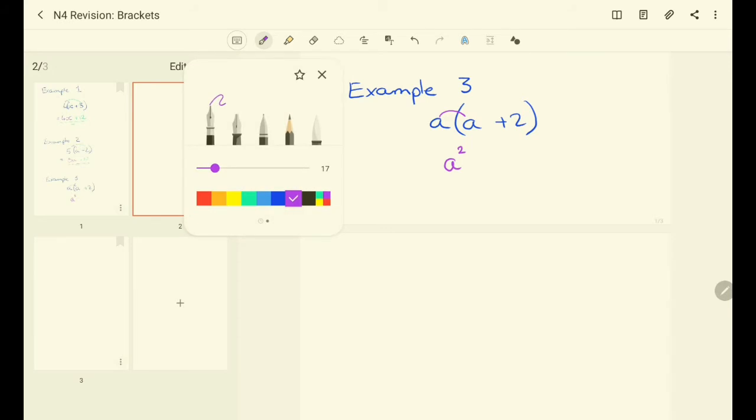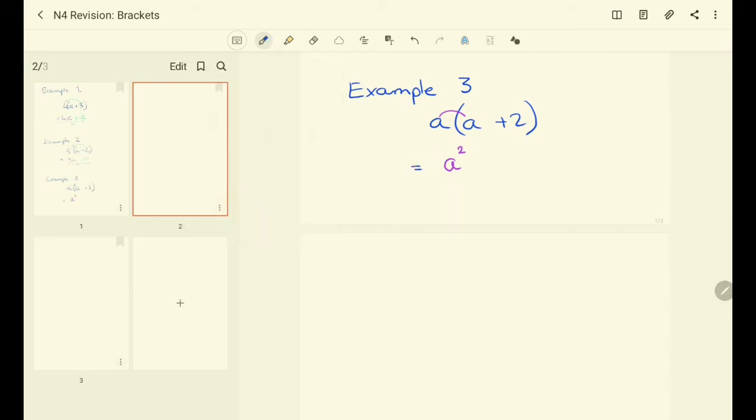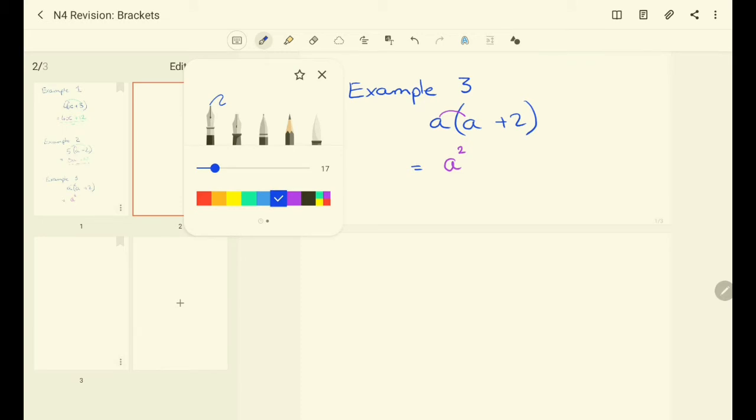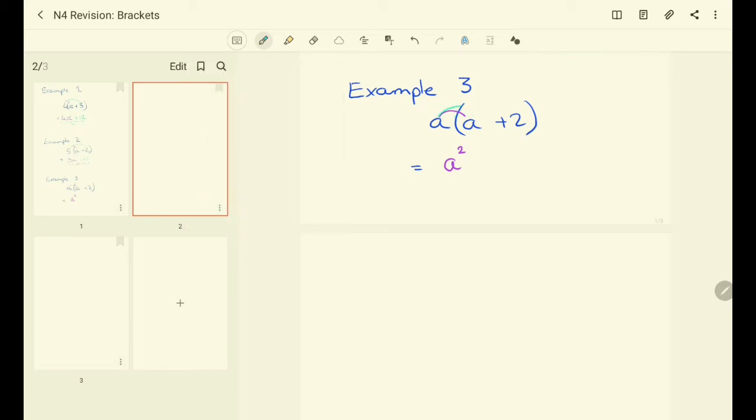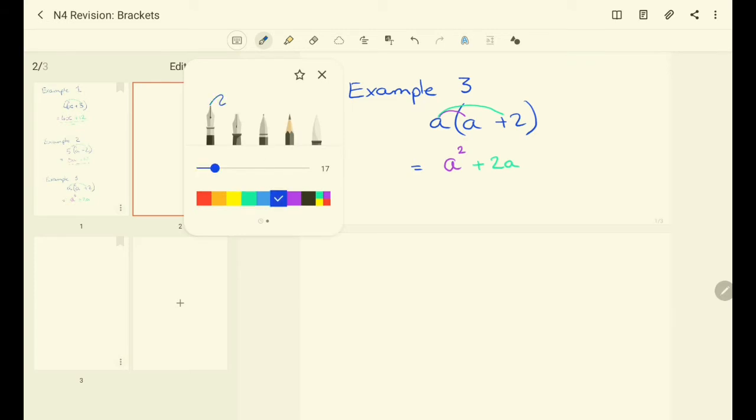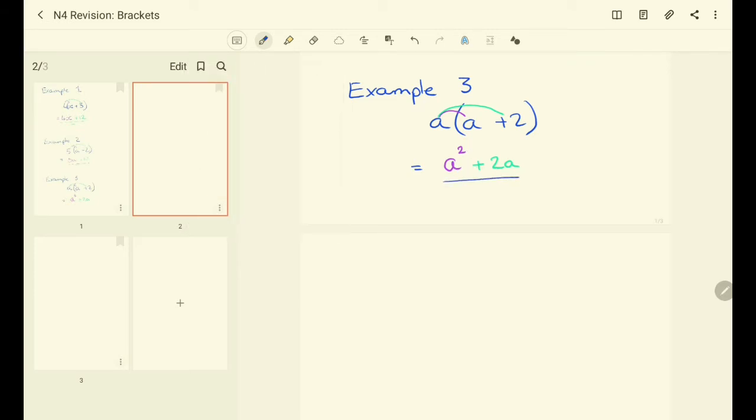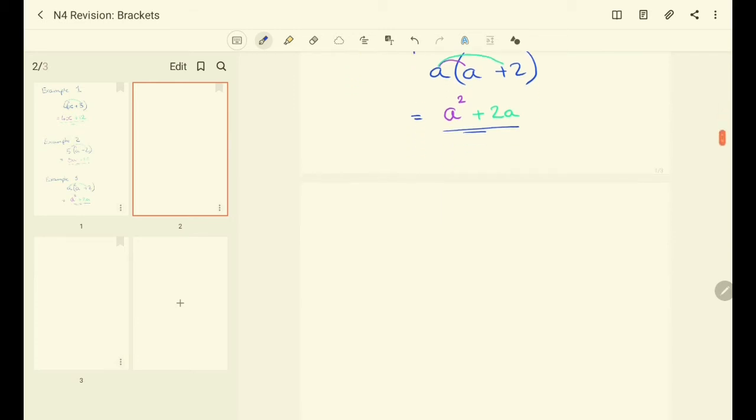Remember, squared just means times itself. Then we've got to look at the a, and we've got to consider, well, a times positive 2. So this gives us positive 2a. And that is our solution for the third example.